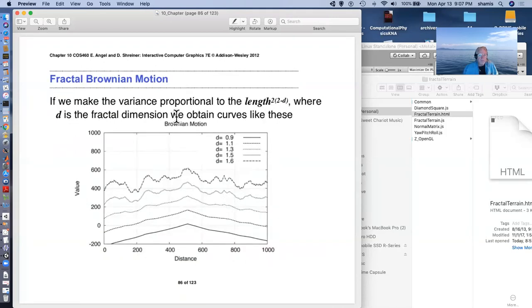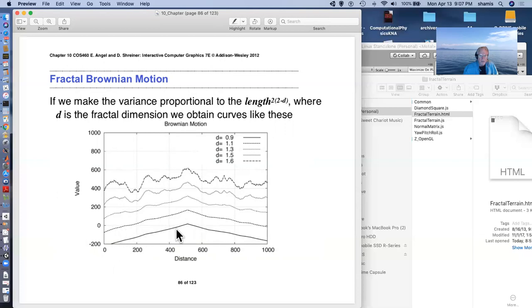If we make the variance proportional to the length raised to some power that is a function of the dimension, 2 times 2 minus d, we obtain curves like this. For a small d, we get kind of a smooth surface.